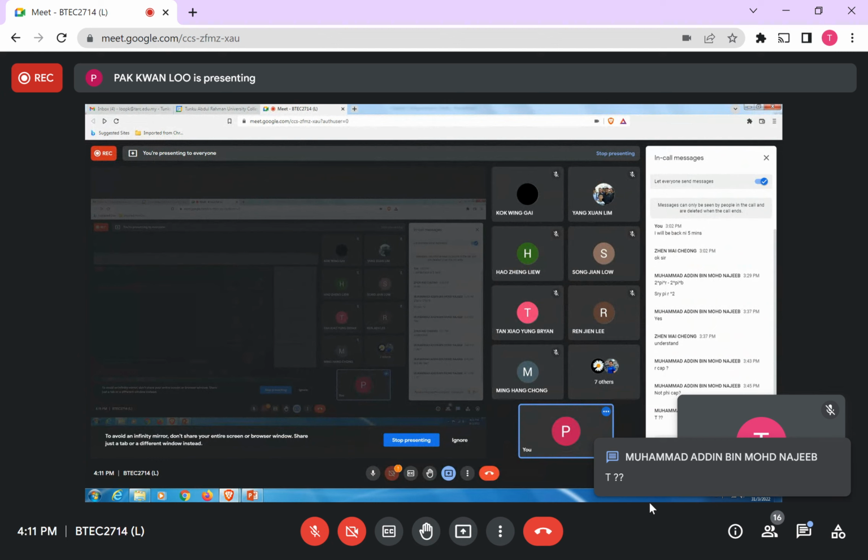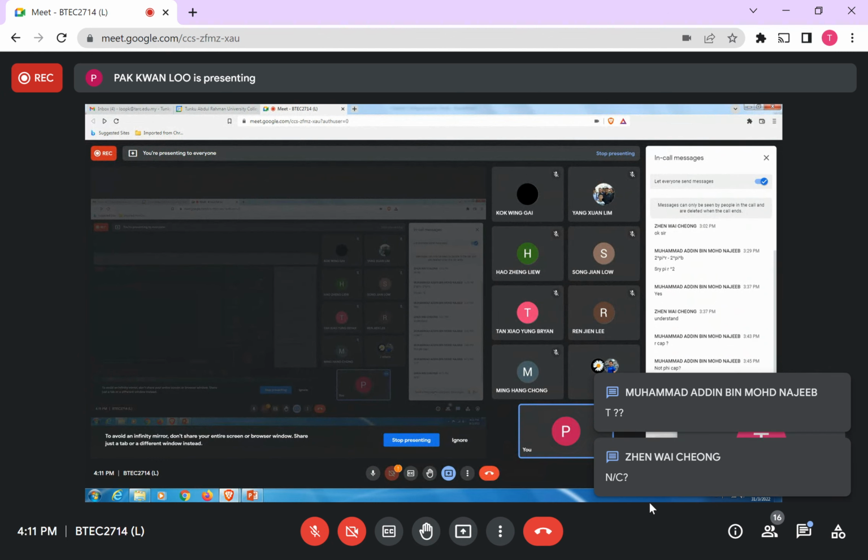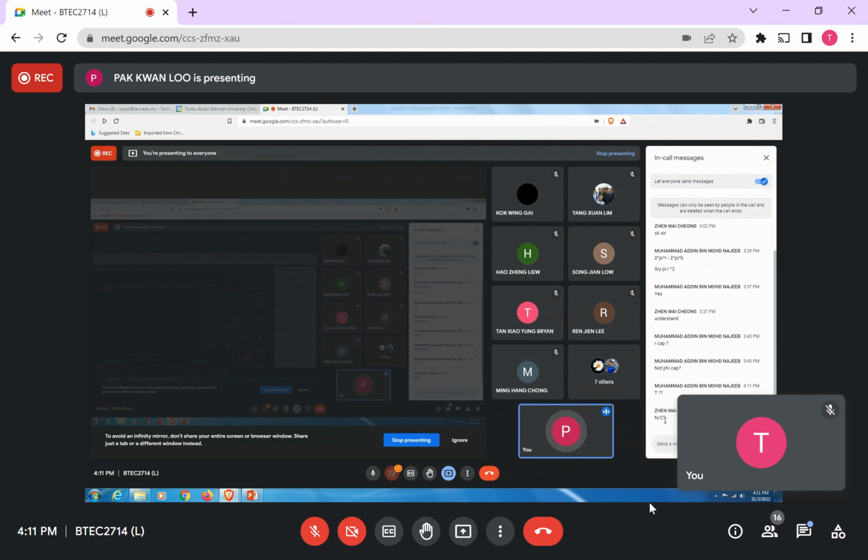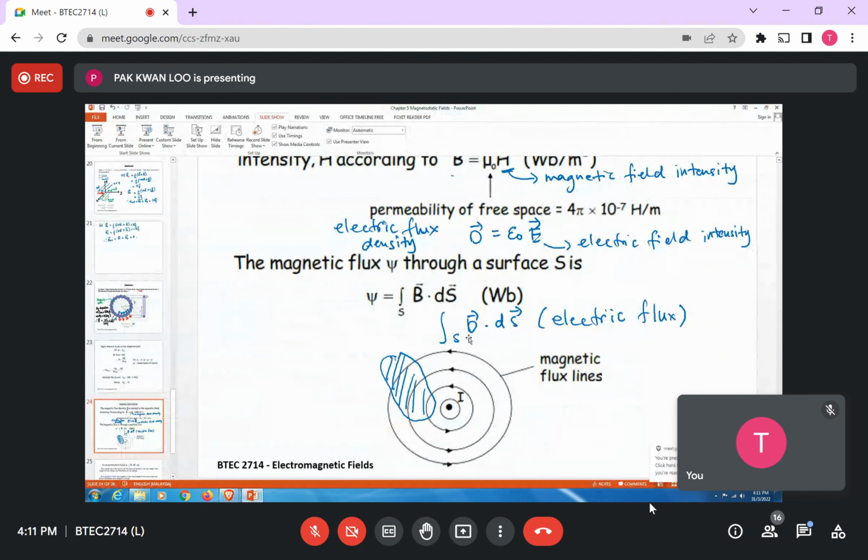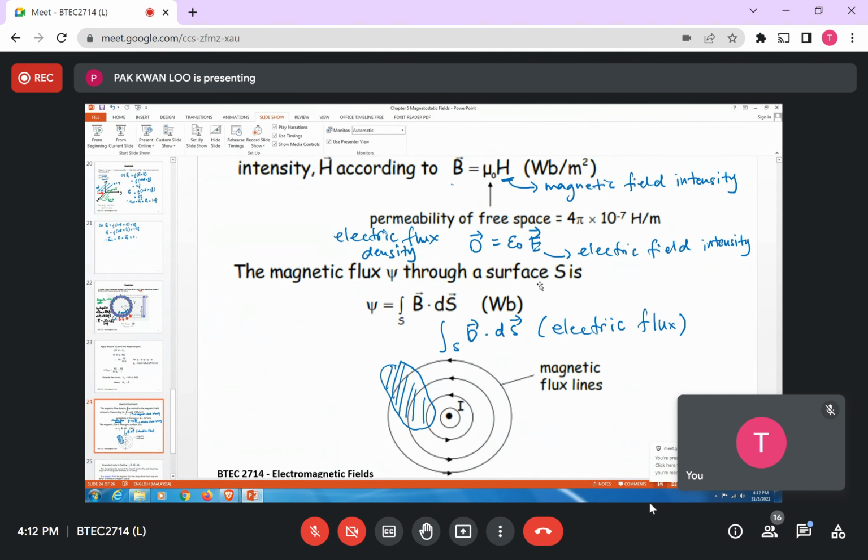T? No. Zenwei, you are close. Remember, the flux density is actually in coulombs per meter square if it's electric field. So here it is Newton per coulomb per meter square for flux density.